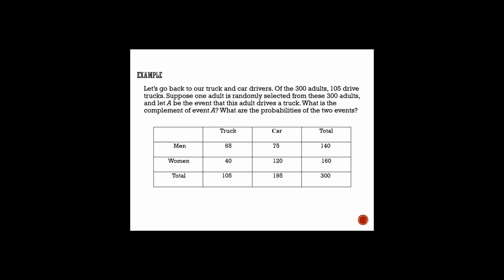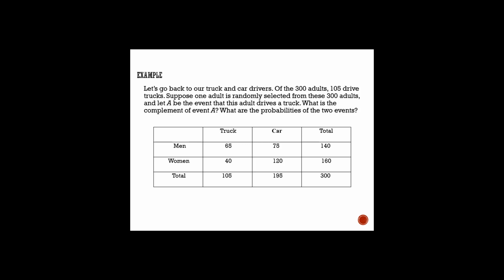Now I want you to find the numbers that represent the probability for A and the probability for A complement. In other words, what's the probability that I would select one adult from this group of 300 and that adult would drive a truck? Look at the total, because this is a marginal probability, right? It's only considering one thing, whether they drive a truck or car.